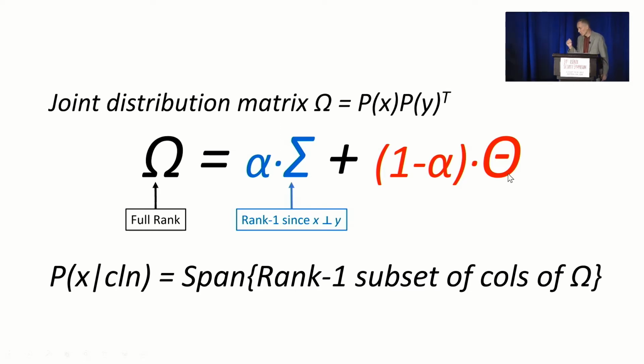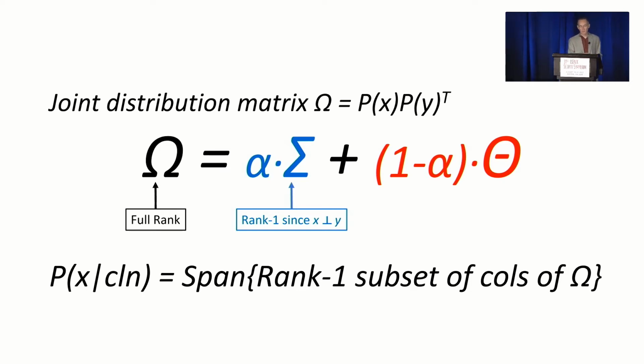Now, if we do have unattacked bins from bot traffic, how that would show up in the matrix notation is that the XY distribution matrix of the bot traffic will have some columns that are purely 0. And what that means is that while the overall observed matrix is not rank 1, it does have some subset of columns that are rank 1.